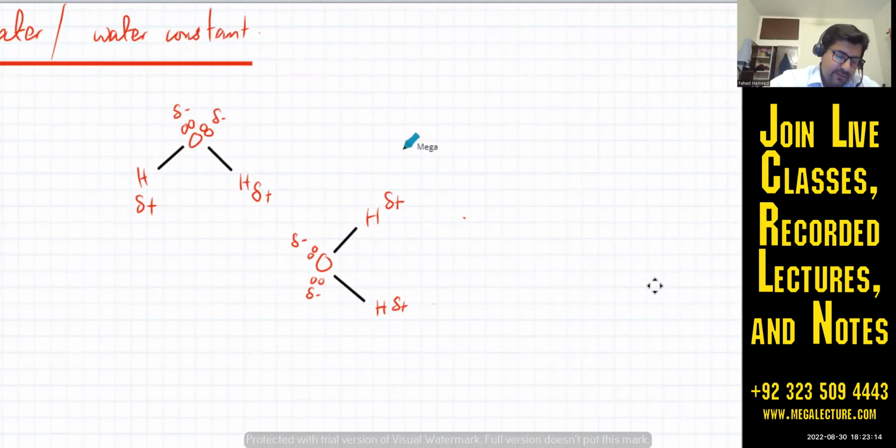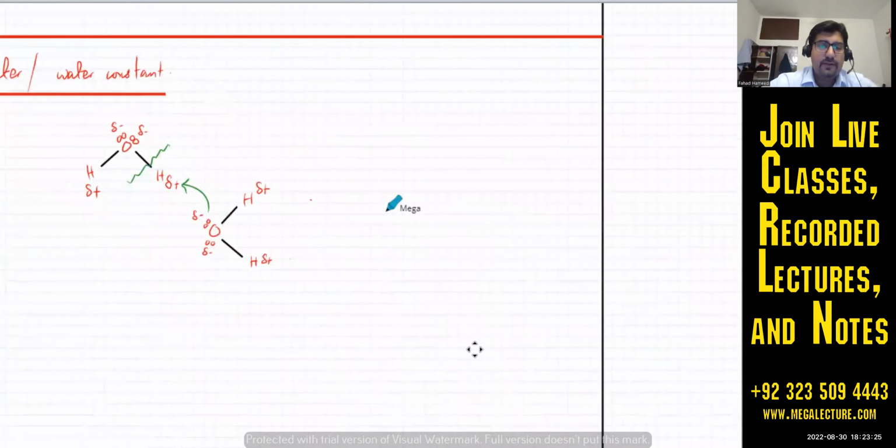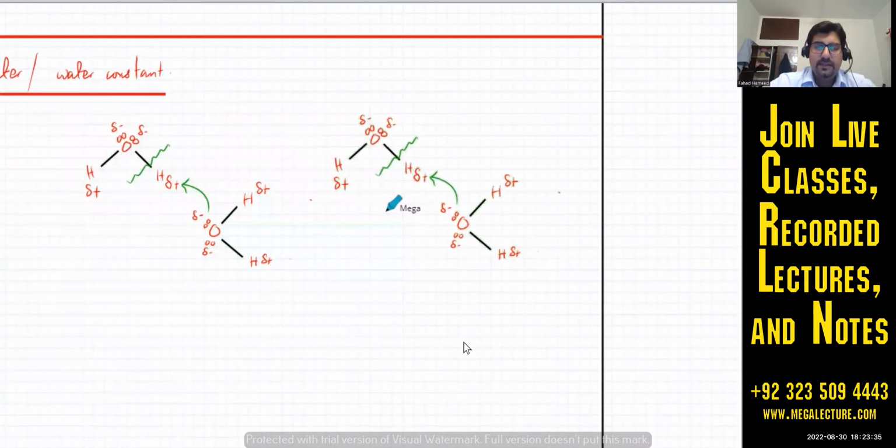So this H over here, its lone pair is going to attract this H, and it will eventually form a dative bond. So a reaction will happen. If the molecules collide with sufficient force, तो उसका H जो है ना, it's going to get attracted to the lone pairs over here, and this is what the result is going to be.